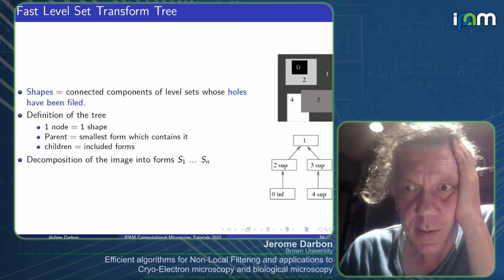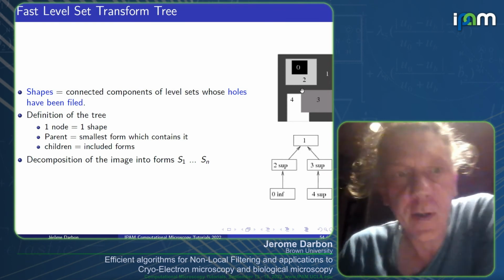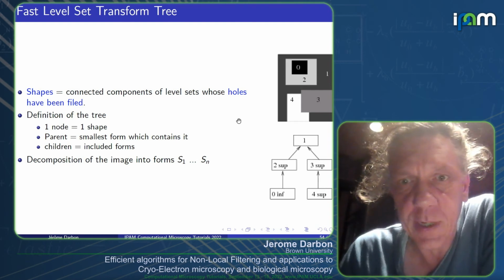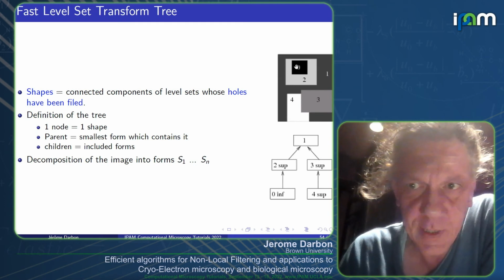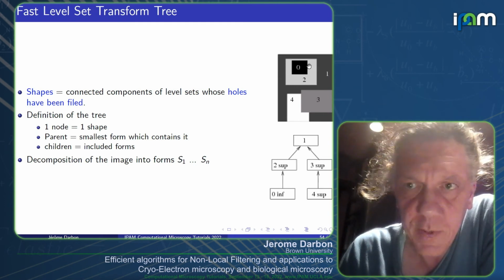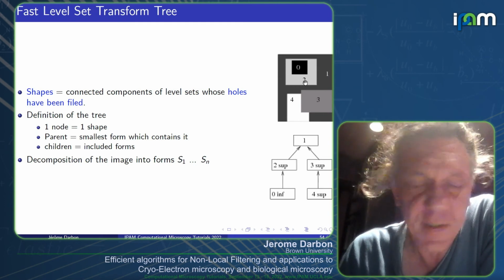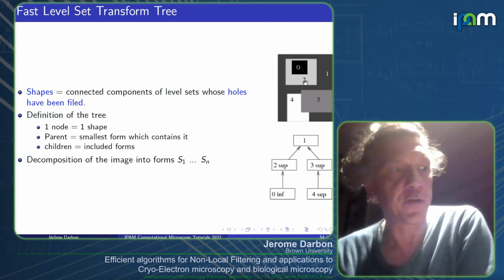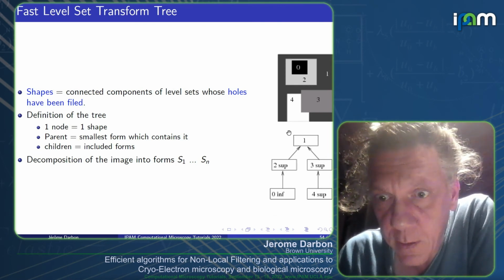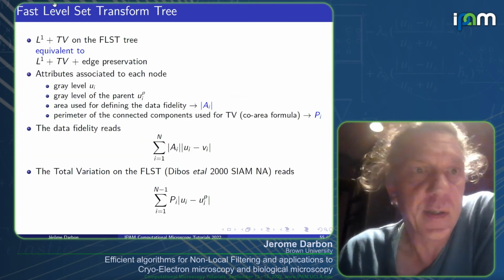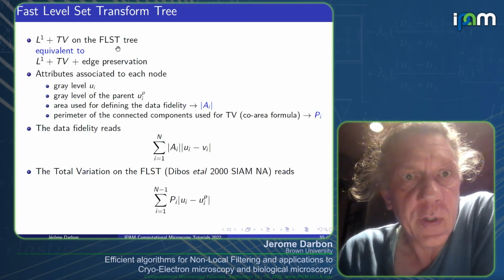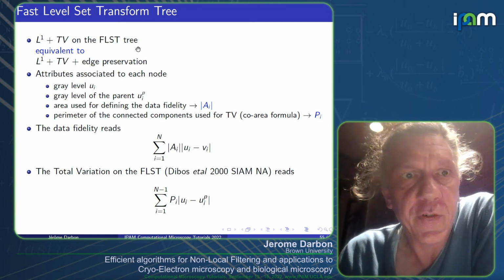And now I can use these level set-based trees to encode the topology that I want in my image. And this is what we're going to do. We're going to minimize TV, not using the nearest neighbors interaction on the grid, but on the tree. How do you do this? Well, I want to minimize L1 TV on the tree.